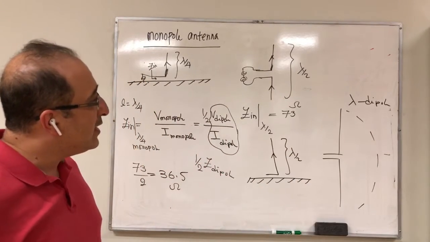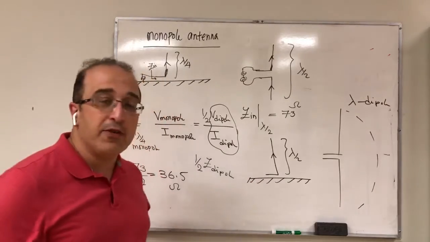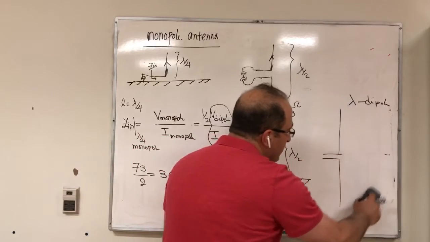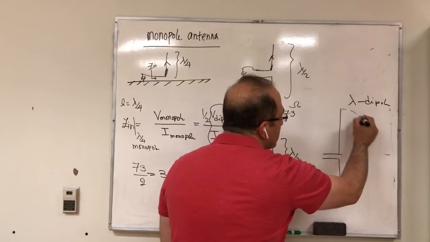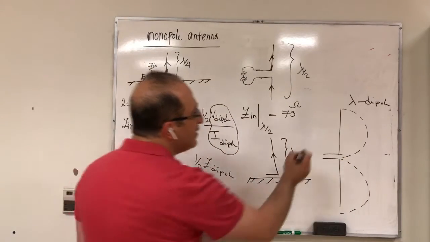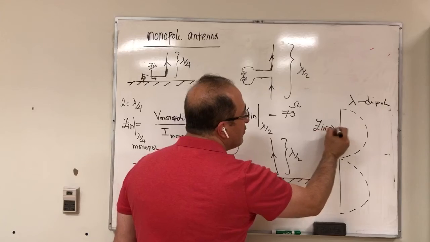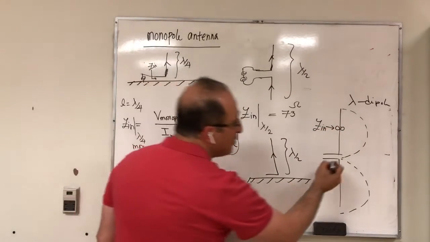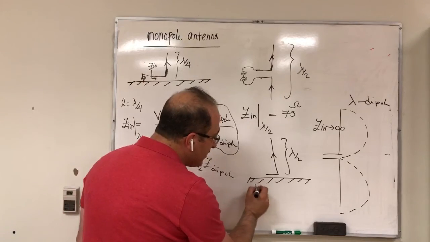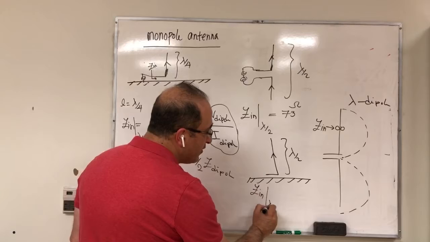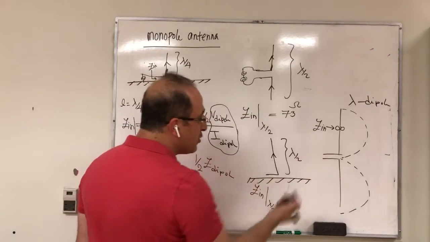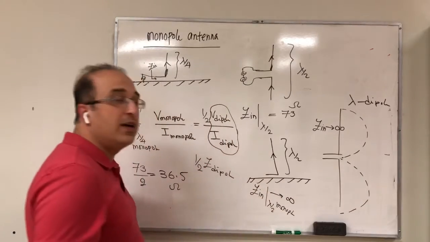So in that case, what would be the Z in of the half wavelength monopole? If you remember, the current distribution was like this for the full wavelength dipole. Z in of the full wavelength dipole goes to infinity, becomes very large, because current goes to 0 at the input port. Therefore, Z in of the half wavelength monopole should be half of this, but because this is already very large, this one also goes to infinity.